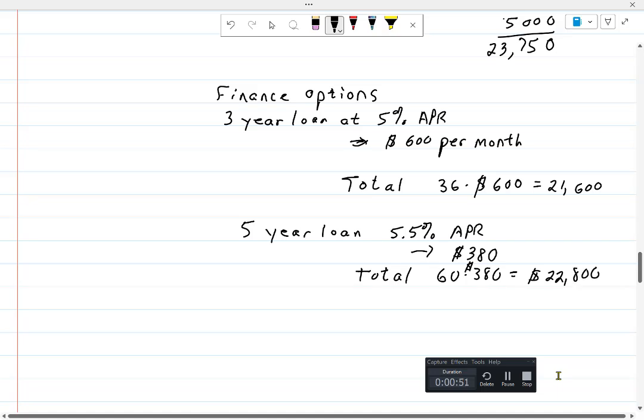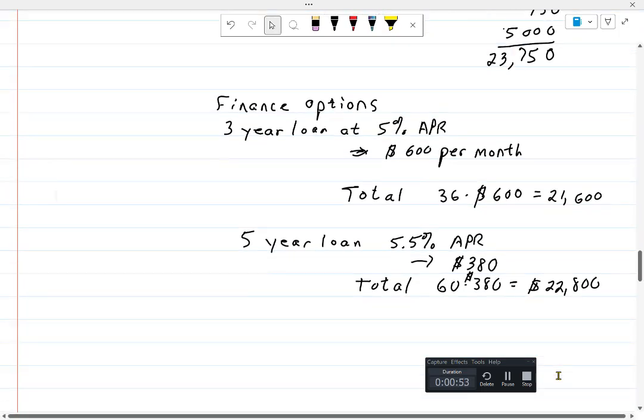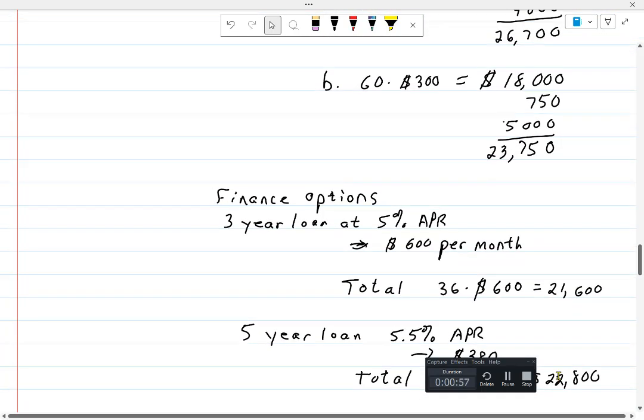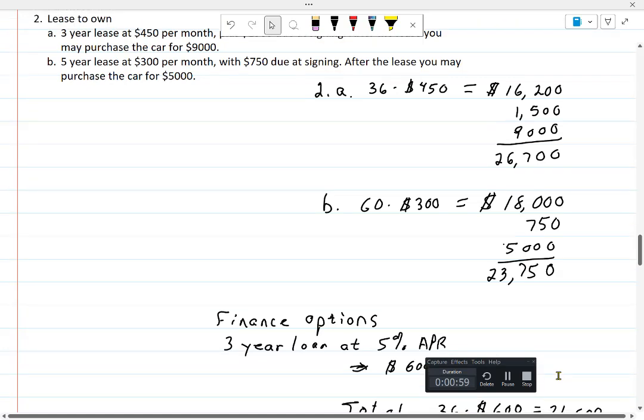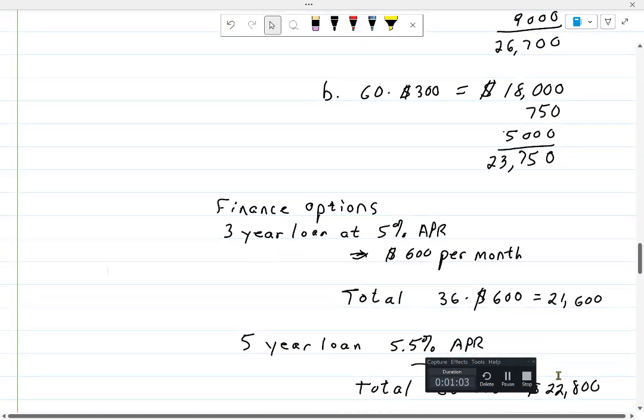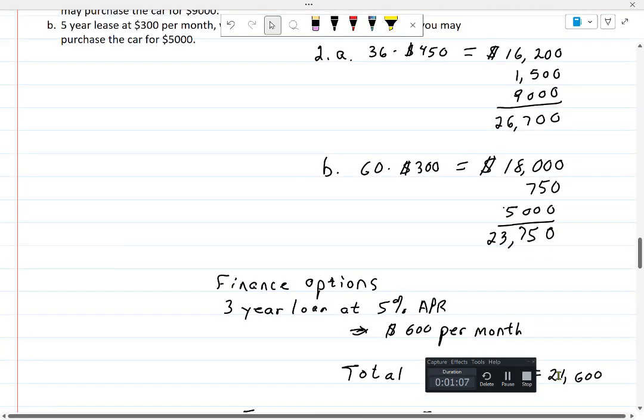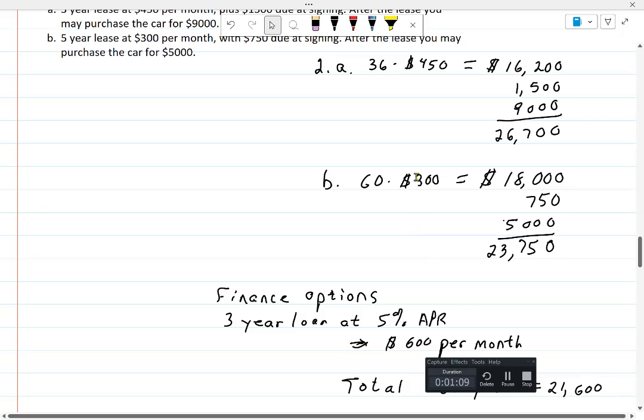So this option, the total amount, looks kind of good. Both of these finance options seem pretty good because both of these situations are lower than either of the finance situations. So personally, the problem though is your best monthly payment is this $300.